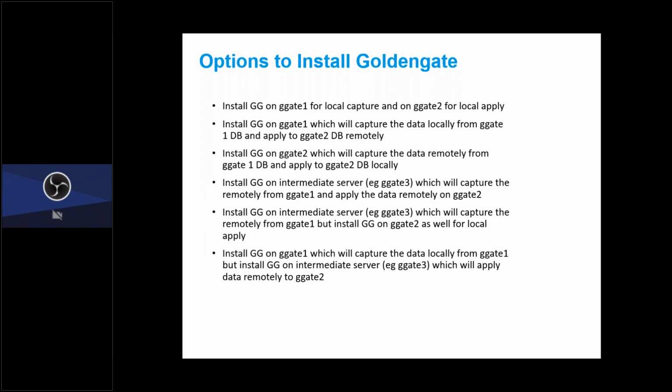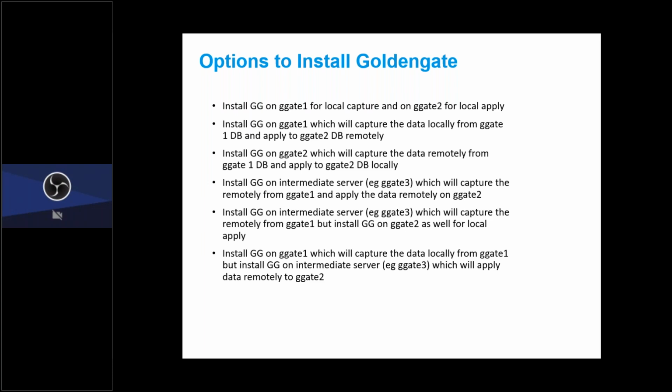Now the third option is to install Goldengate on G-Gate2, which will capture the data remotely from the G-Gate1 DB, right? Because the G-Gate2 Goldengate will be remote to G-Gate1. Hence, it will capture the data remotely from the G-Gate1 database and apply the data to the G-Gate2 database locally.